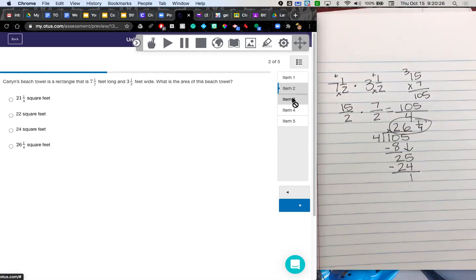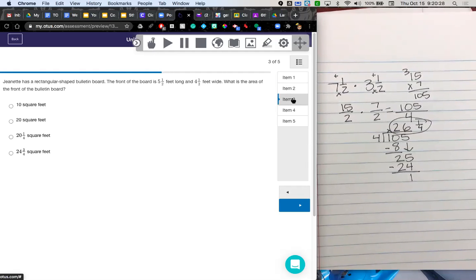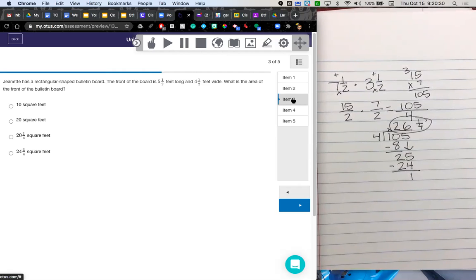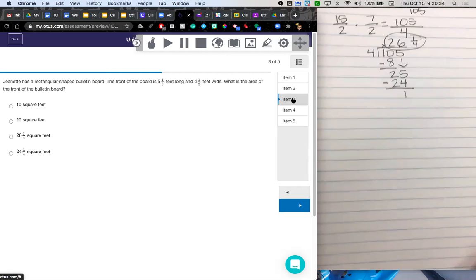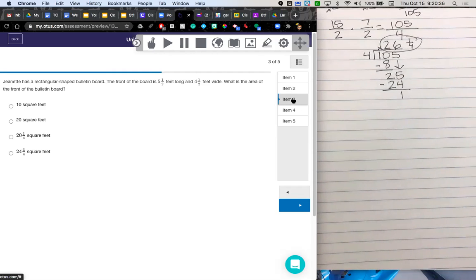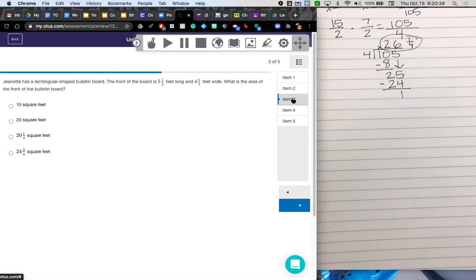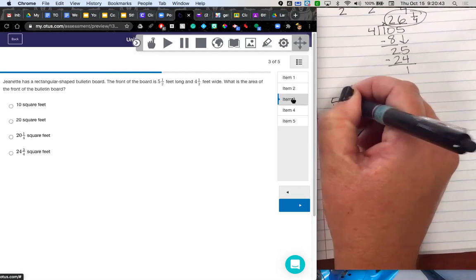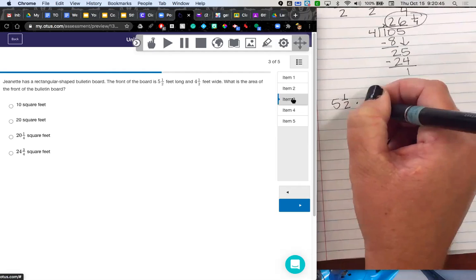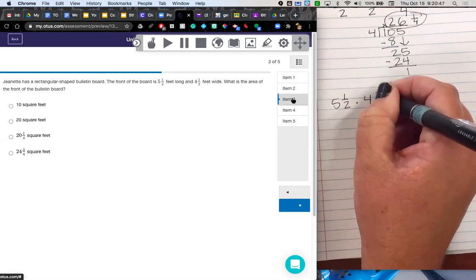All right, let's take a look at number 3. Jeanette has a rectangular shaped bulletin board. The front of the board is 5.5 feet long, 4.5 feet wide. What is the area? Again, area. We find area by multiplying, right? 5 1/2 times 4 1/2.